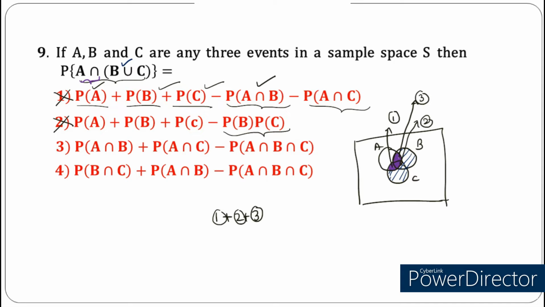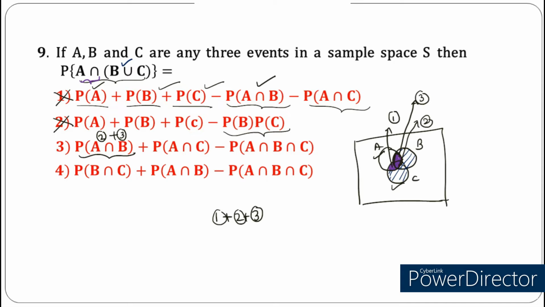Let's see how. Okay, now let's say they are given A intersection B. P of A intersection B is what? See, this is your P of A intersection B part, right? It contains how many parts? Part 2 as well as part 3. So this contains part 2 plus part 3 plus P of A intersection C. A intersection C means what?